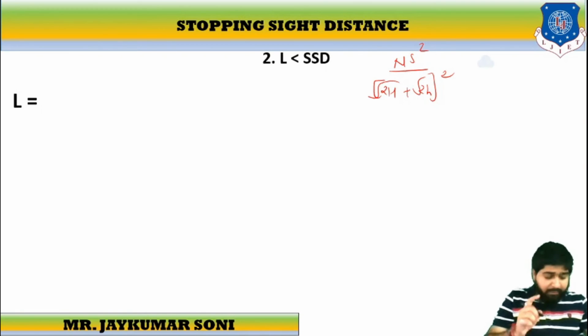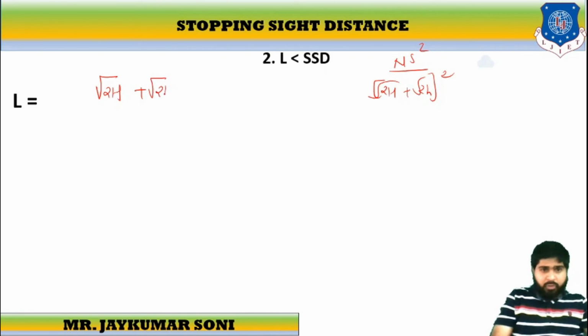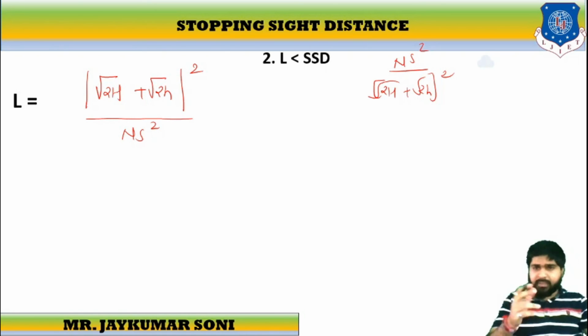I will flip this thing: (square root of 2H plus square root of small 2h) whole square by N S square. Yes, I have flipped this.